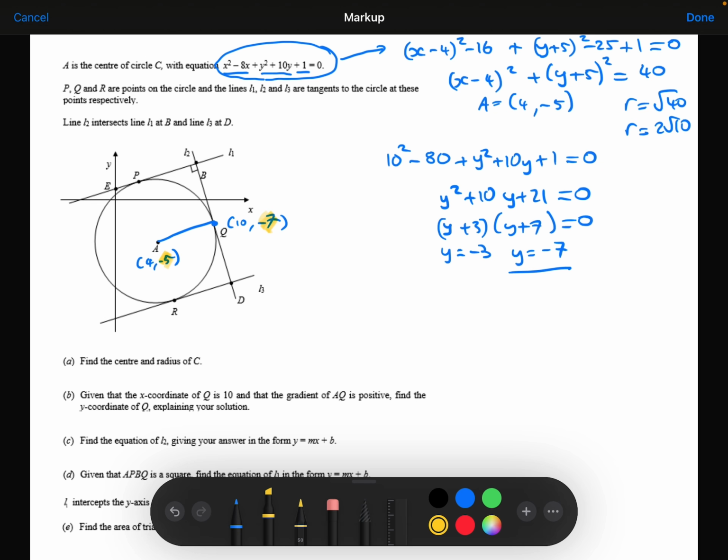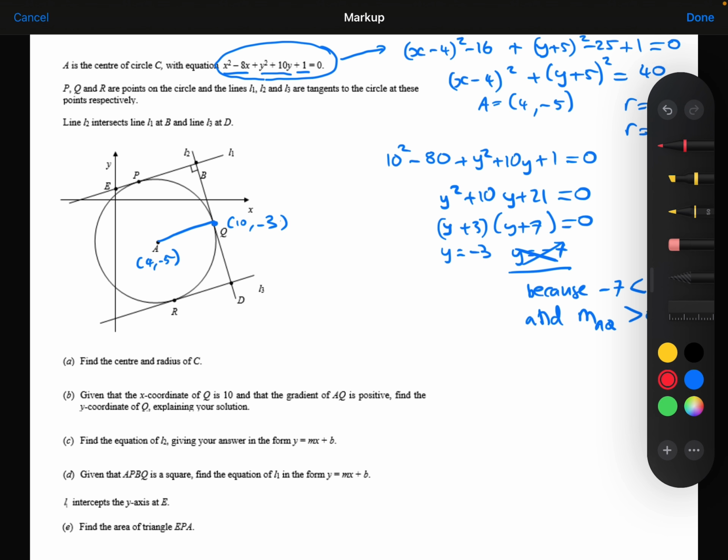And that can't be right if the gradient of AQ is positive. So it can't be minus 7, it has to be minus 3. So I'm going to ignore that because minus 7 is less than minus 5 and the gradient of AQ is positive. So we've got the coordinates of point Q.